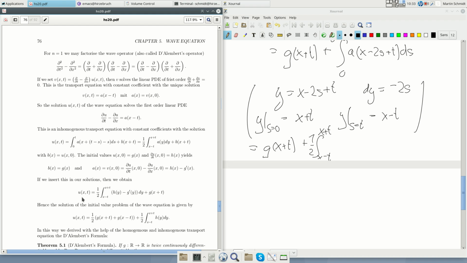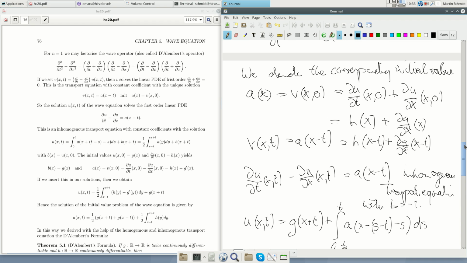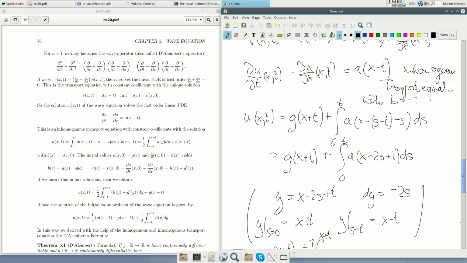We know the function a. Now, what is a? a of x is just h plus the derivative of g.